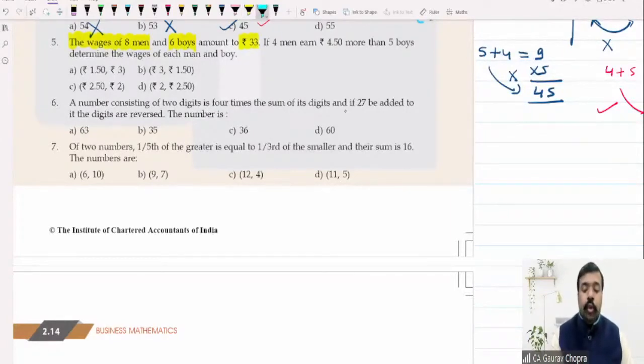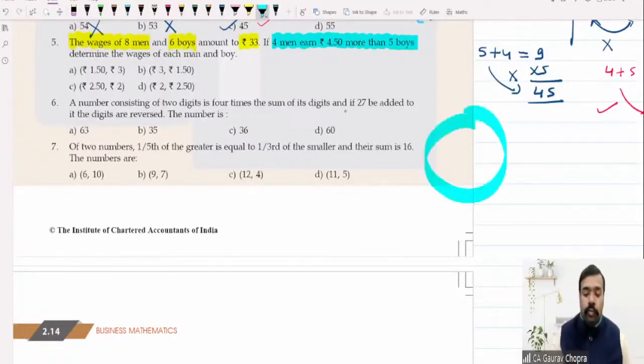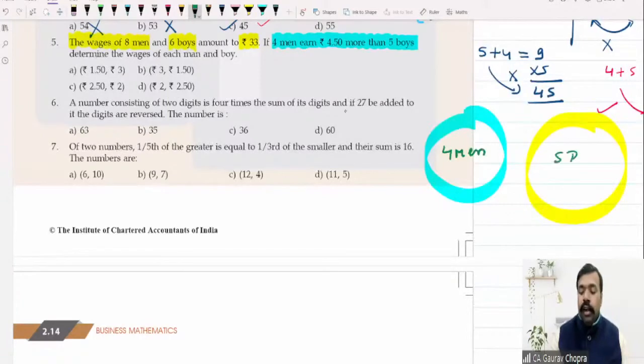The second says, if 4 men earn 4.5 more than 5 boys, that means we are comparing the earnings of 4 men and 5 boys. When we compare the earnings, it says 4 men are earning greater.